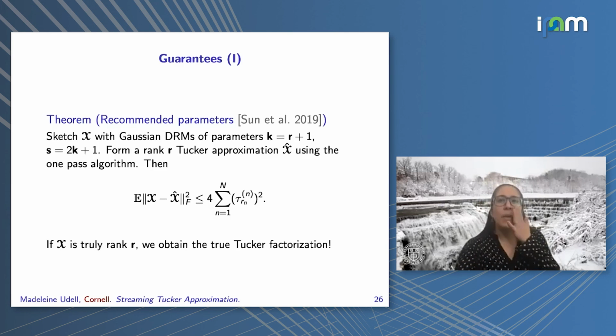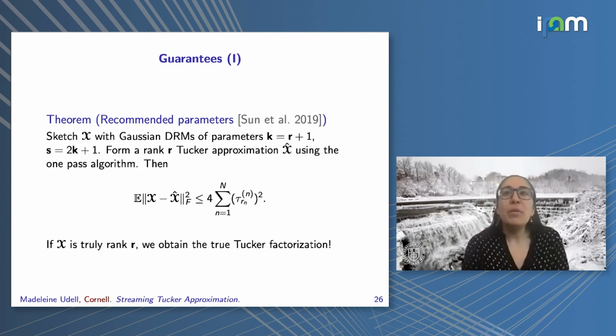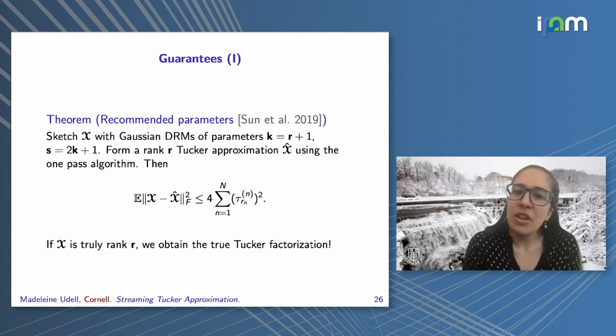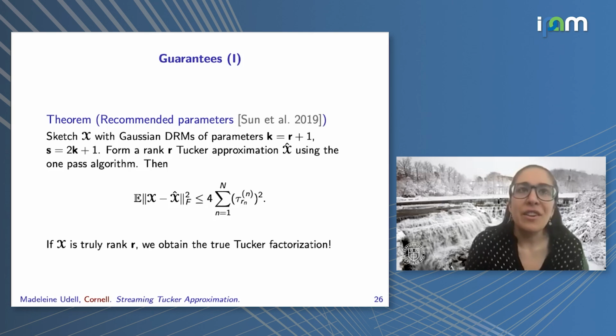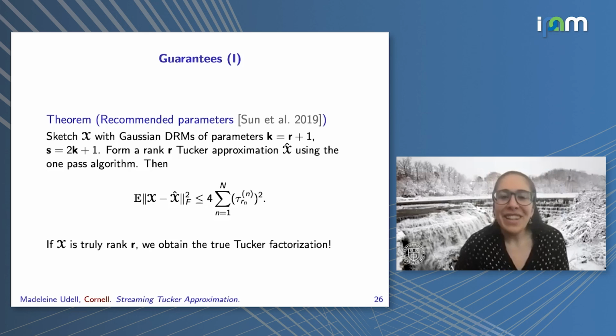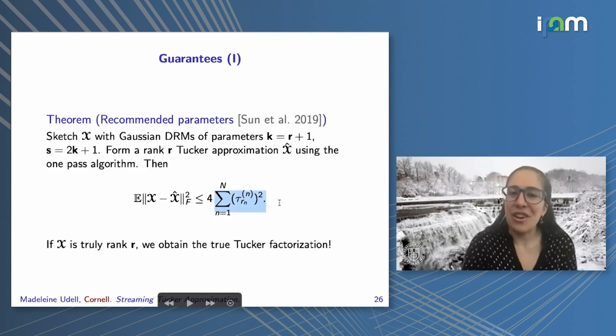If you use this Tucker sketch with the recommended parameters, so you're going for a rank R approximation and you use parameters for the factor matrix sketches that are one larger than the rank you're going for, and for the core sketch twice as large as that, then the Tucker approximation you get is no worse than 4 times the sum of the tail energies along each mode.